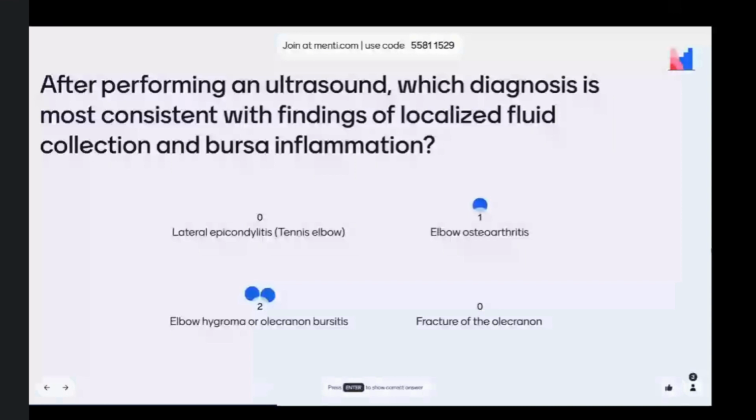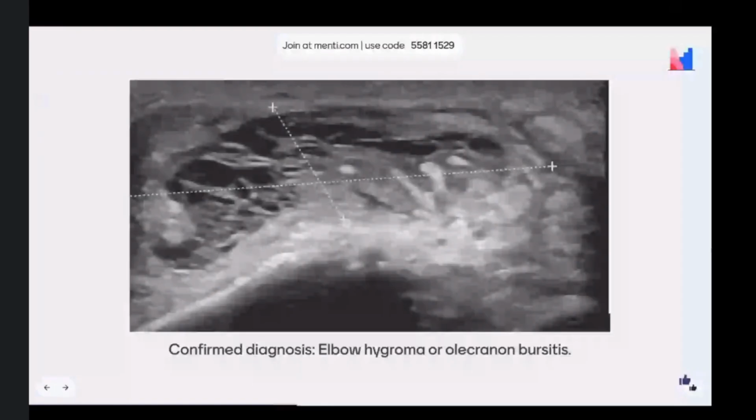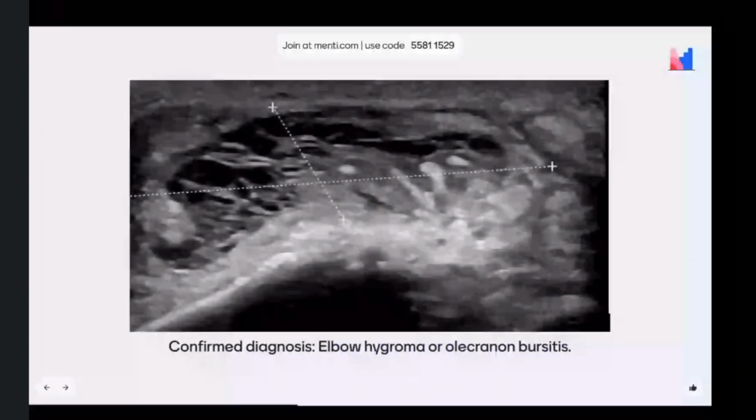So it's an elbow hygroma. We will see why. The confirmed diagnosis was the elbow hygroma, or olecranon bursitis.